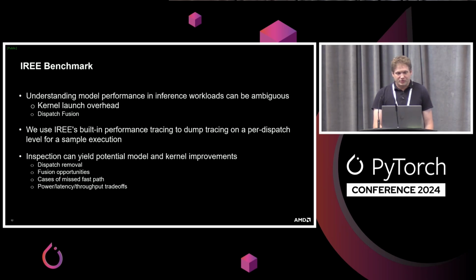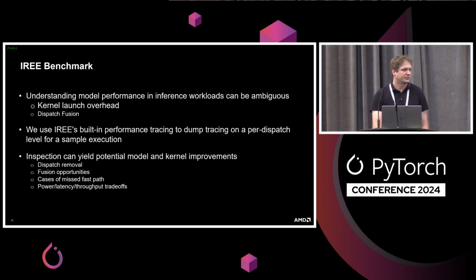IREE's built-in performance tracing dumps on a per-dispatch level, and dispatches are very similar to your kernels that have been code generated through IREE. Inspecting these can yield a very wide field of potential model and kernel improvements, anything from dispatch removal, to potential fusion, horizontal or vertical across the entire graph, to cases of missed fast paths.